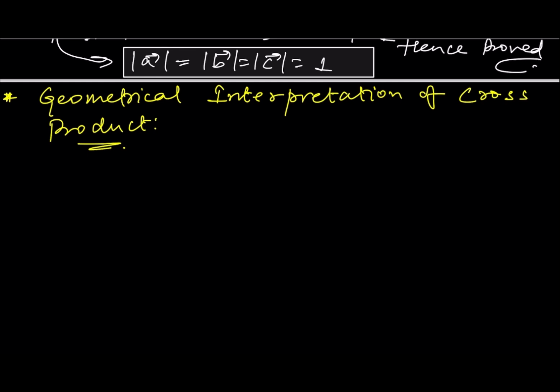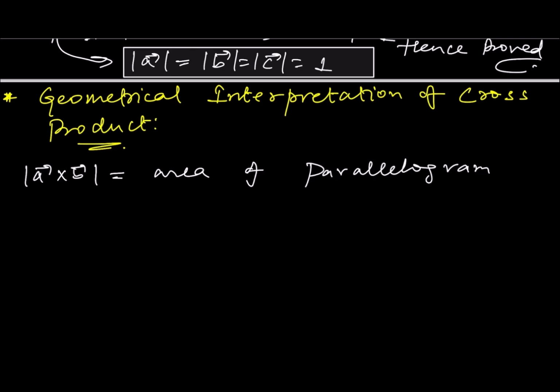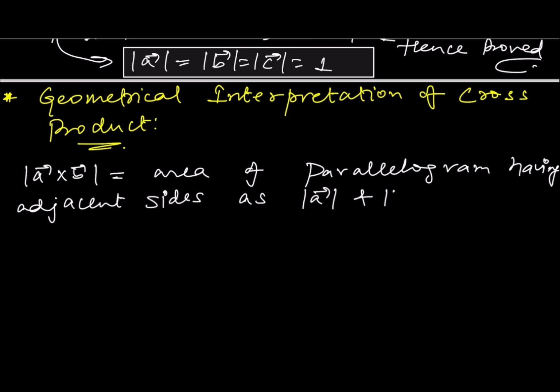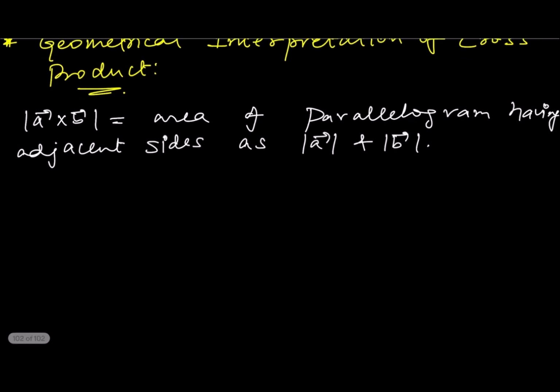So write in this: mod of A cross B is equal to the area of the parallelogram having adjacent sides mod A and mod B.